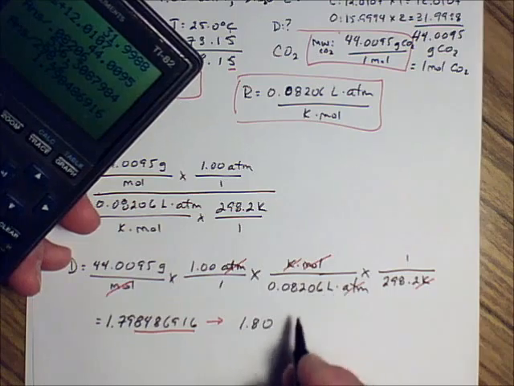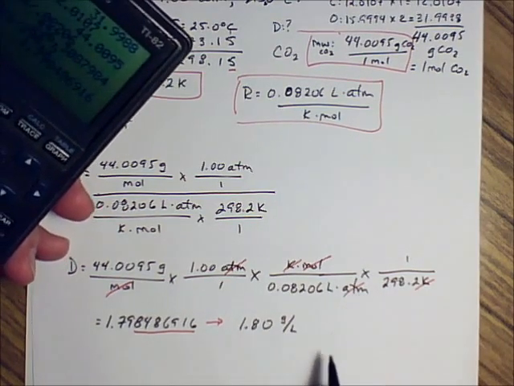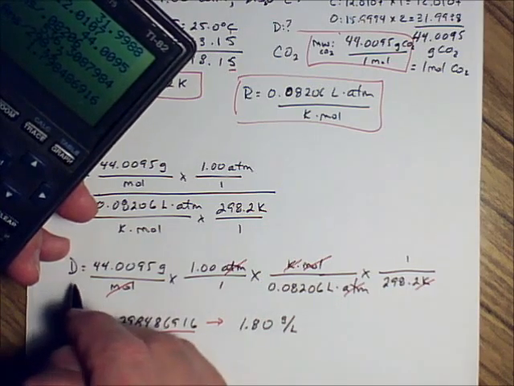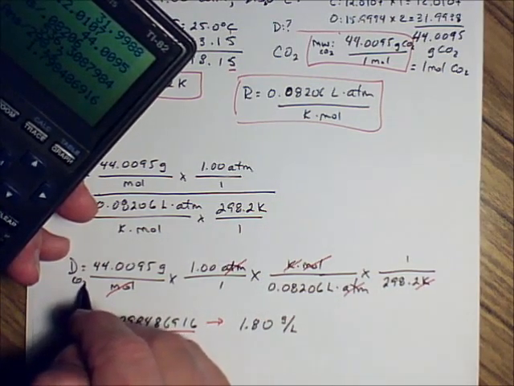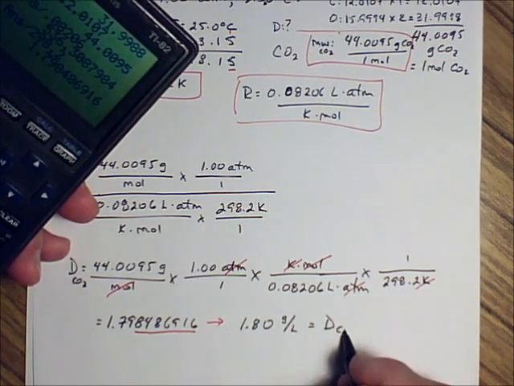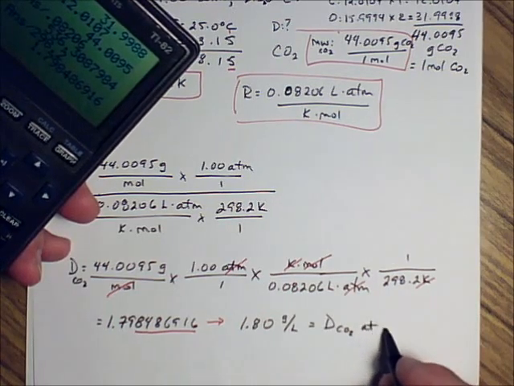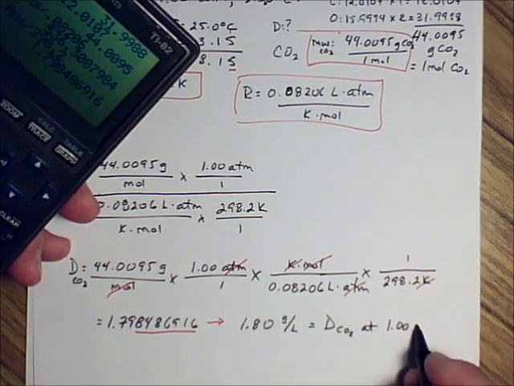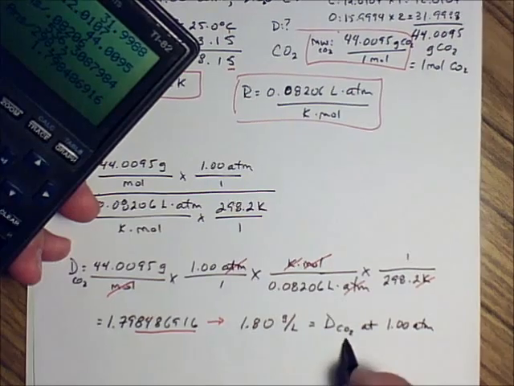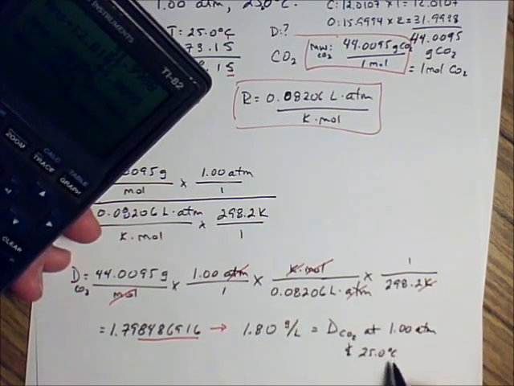grams per liter. And that's the density of CO2. I'll put CO2 up here, but I could just emphasize that by saying density CO2. But this is at 1 atmosphere and 25.0 degrees C. Okay?